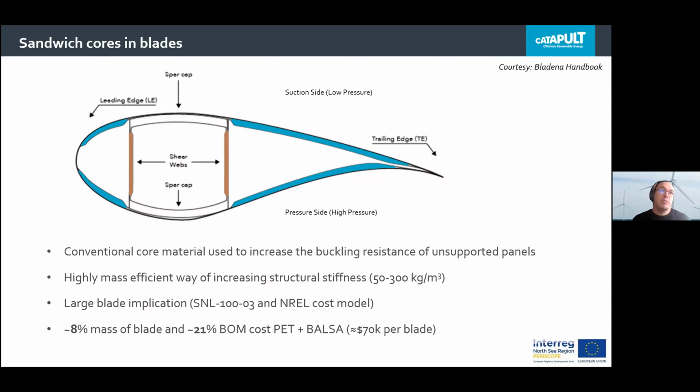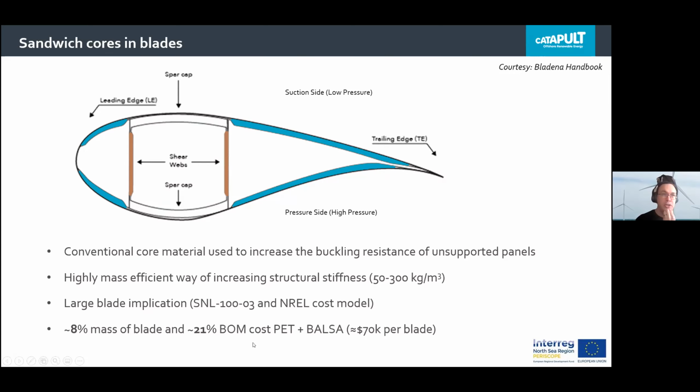In terms of large blade implications, with the NREL cost model, looking at a 100-meter blade, around 8% of the mass is devoted purely to core section, and it's not in proportion to its cost. So for instance, in that particular 100-meter blade, we're looking at about 21% in BOM cost.